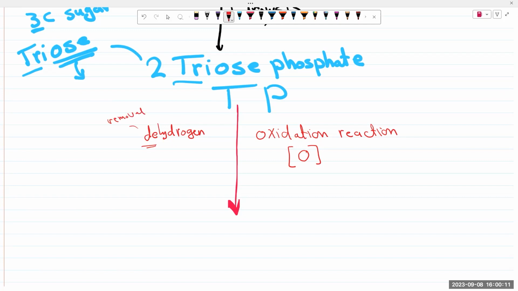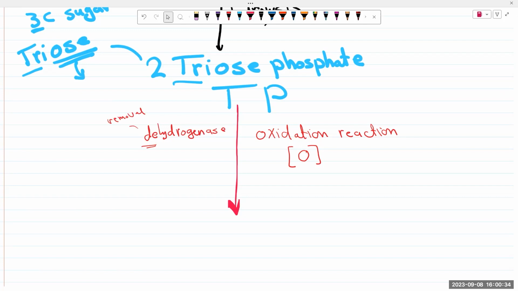And because it is an enzyme, we add the suffix ase. So here, removal of hydrogen using the dehydrogenase enzyme. Is it hard? The dehydrogenase enzyme will remove the hydrogen from the sugar, which is triose phosphate.